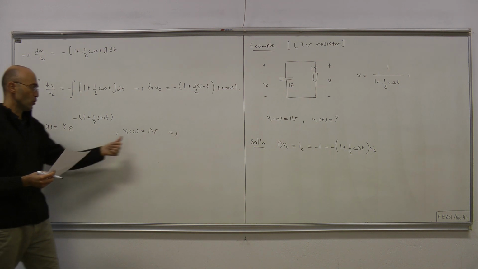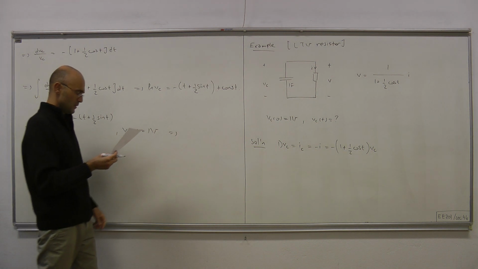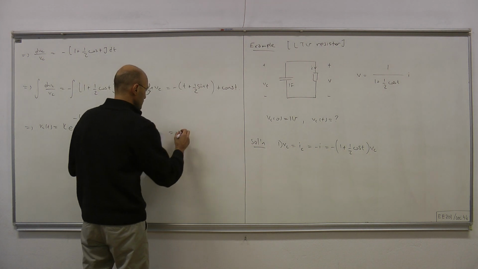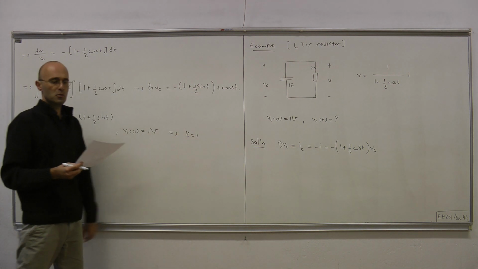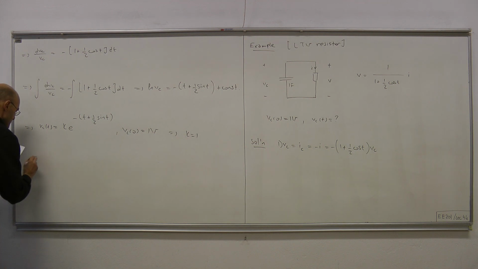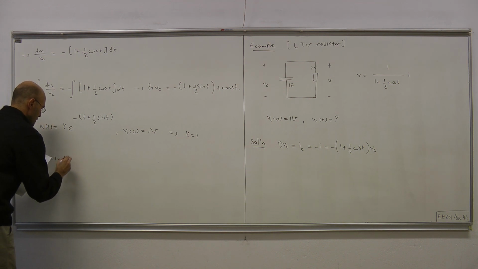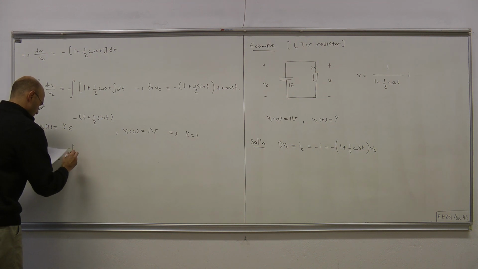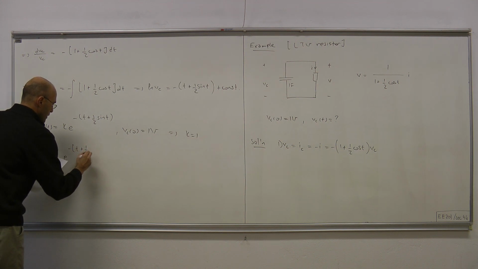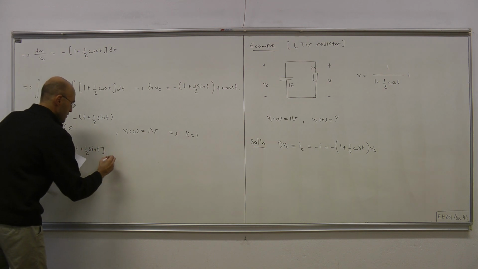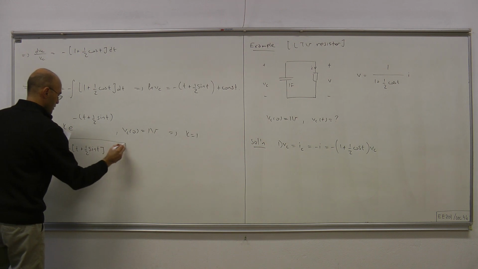So K must equal the initial condition. Hence K equals 1. Therefore, the capacitor voltage equals e to the minus t plus 1/2 sine t volts.